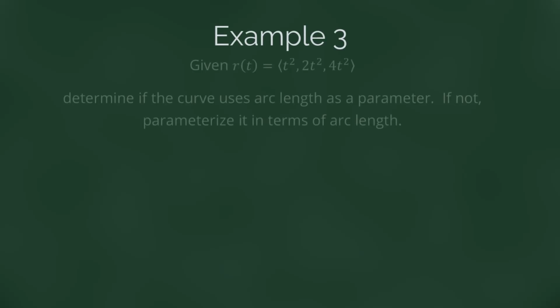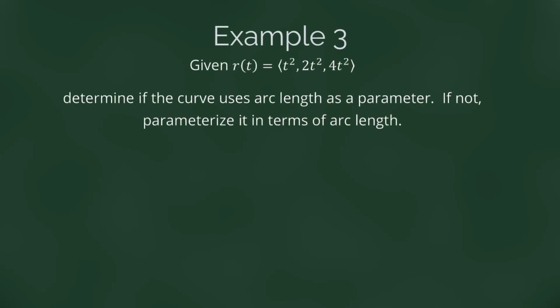Let's do one last example now. This time we've got a curve that actually is in 3-dimensional space instead of 2-dimensional space. So let's look at its derivative. The derivative of this curve is the vector function 2t, 4t, 8t.